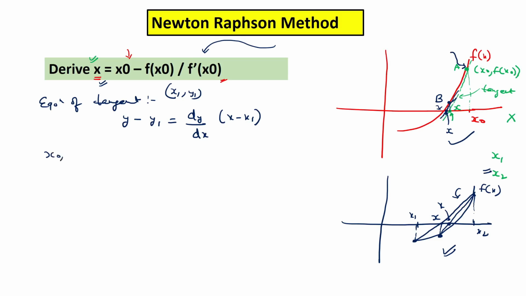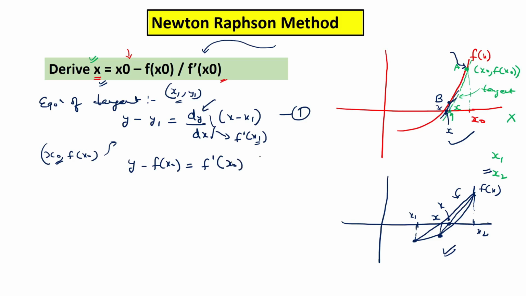So if we put this x0 comma f of x0 in equation number 1, we will find y minus f of x0 equal to f dash of x0, the differentiation, times x minus x0. This is equation number 2.